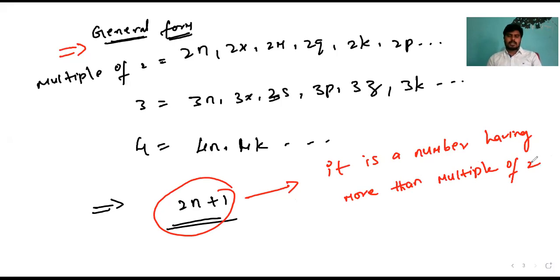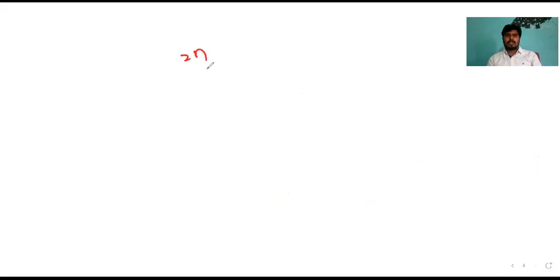How much extra does it have? 1. After the multiple of 2, we have 1 extra. It means a remainder. Suppose you take 2n and add 1, this is a remainder. If you divide by 2, you will definitely get this remainder.